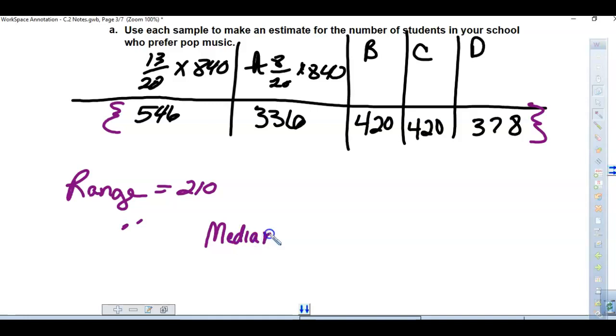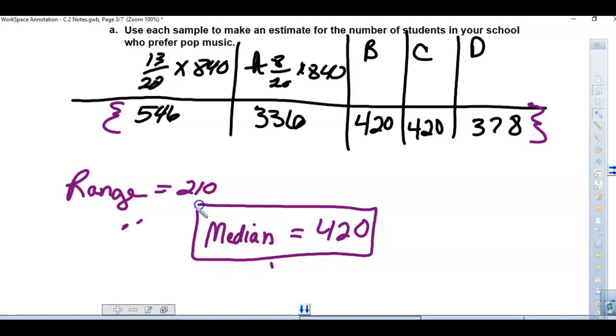In order to find the median, put the numbers in order and find the one that's in the middle. And you get 420. That is our most accurate estimate for how many students like pop music in this particular school. Okay? That's the most accurate estimate from what we have gathered in our data.